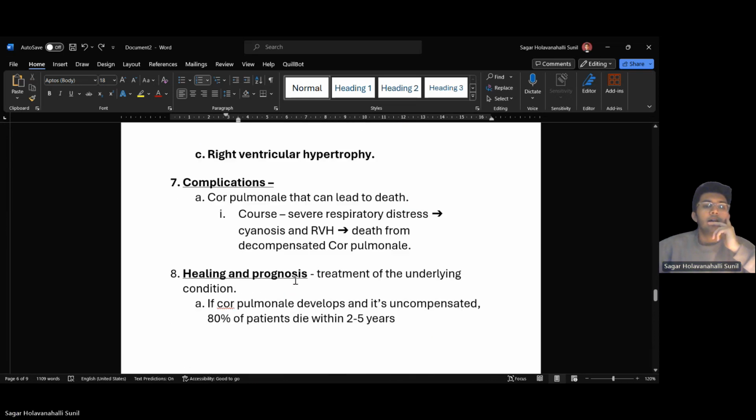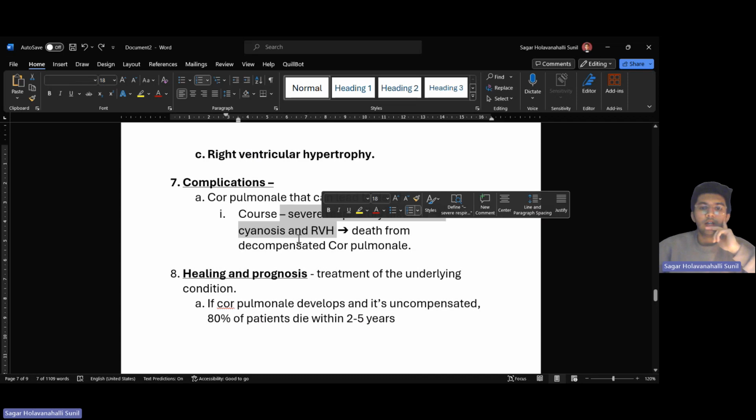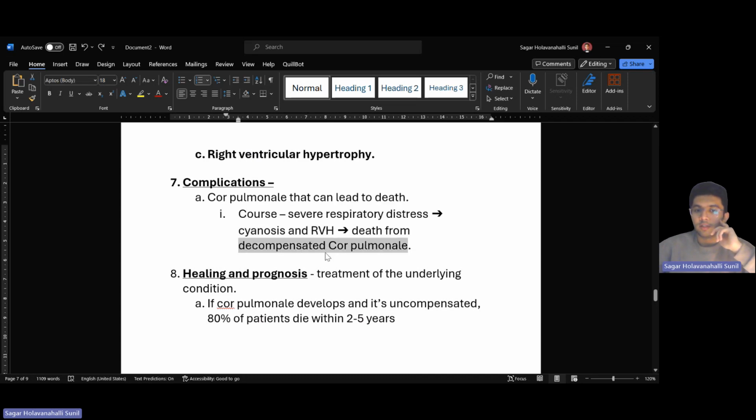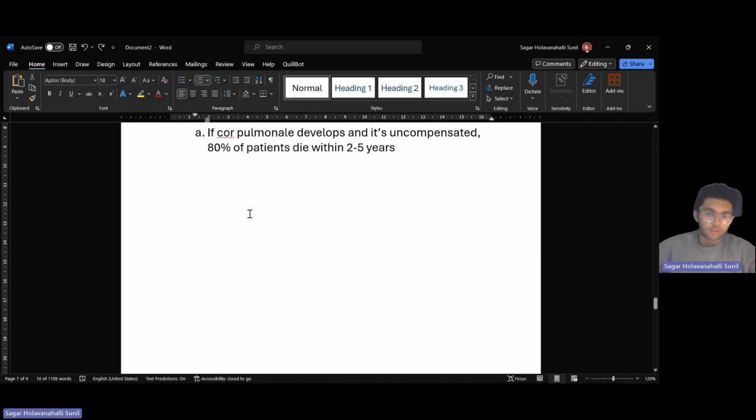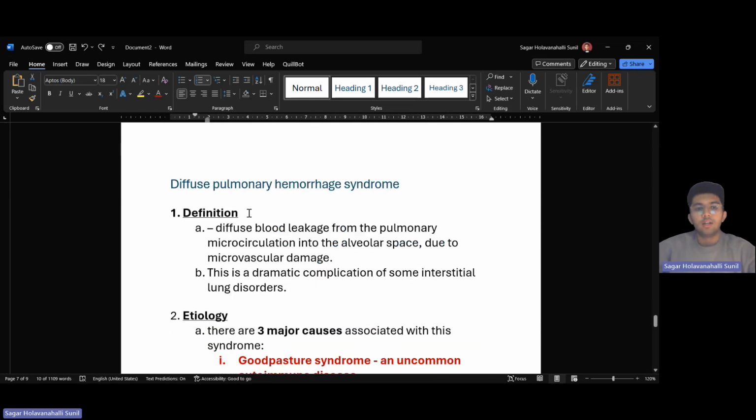But anyway, complications: severe respiratory distress. It could also cause ARDS and decompensated cor pulmonale. This is the final part, and that will lead to death. Healing and prognosis: as soon as it's identified, appropriate treatment has to be given. You'll learn more about it in the future years.